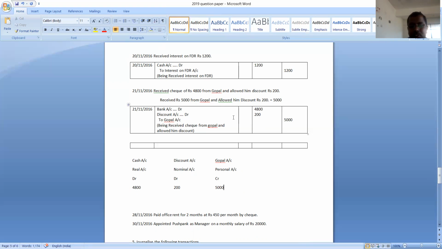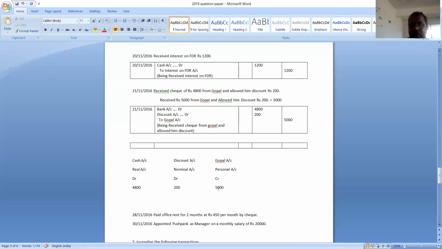See here, in this particular journal entry, we treated the cheque amount and discount amount separately, like 4,800 and 200. But in cash receipt and cash payment, discount should be deducted from the cash, so we do not treat them separately. What we did, we deducted this discount of rupees 200 from 5,000. That is the reason we wrote here cash account 4,800, discount account 200, and Gopal's account 5,000.